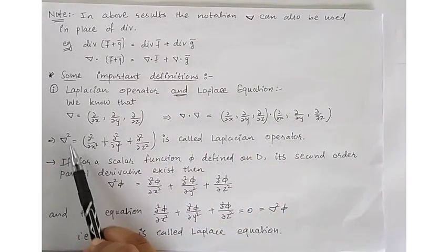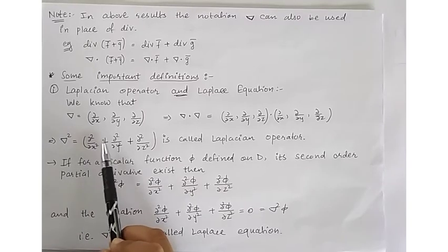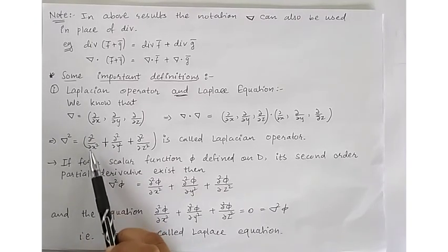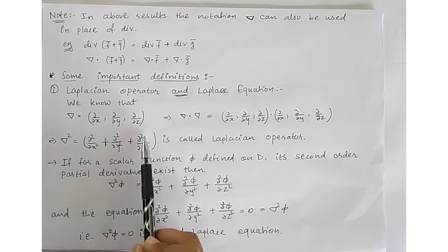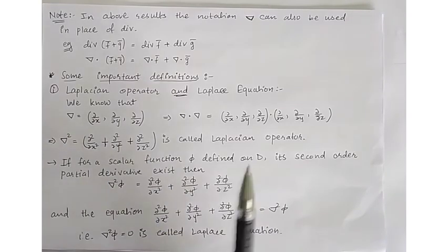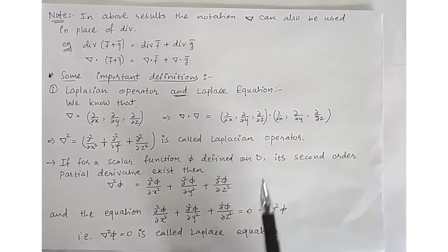So we have del square is equal to nabla square is equal to del square upon del x square plus del square upon del y square plus del square upon del z square, which is called the Laplacian operator.